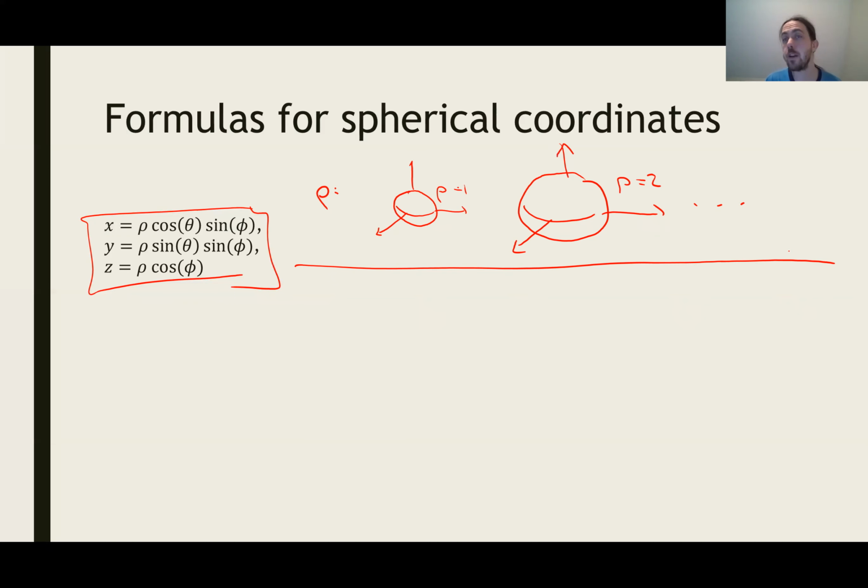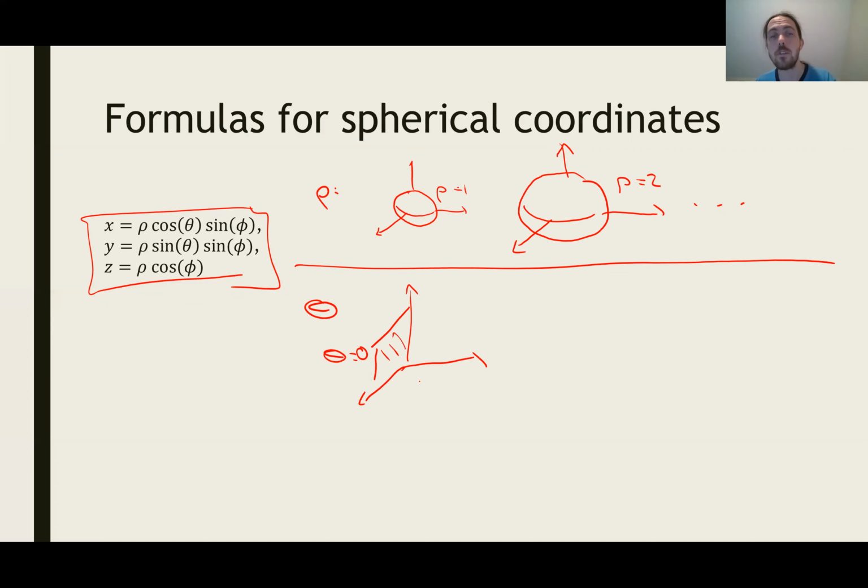The theta coordinate is actually exactly like it is in cylindrical coordinates. At theta equal to 0, we're living over top of the x-axis. And then as theta grows, we slowly start to swing out towards the y-axis. We reach the y-axis at theta equal to pi over 2. So what theta does is it measures an angle that we make with the x-axis.